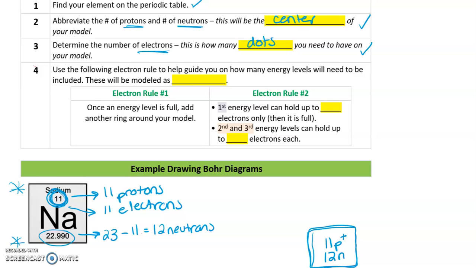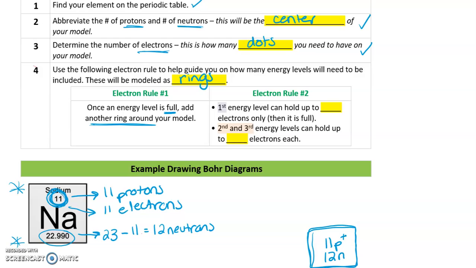It says to use the following rule to help guide you on how many energy levels will be needed. This will be modeled as rings. So our energy levels are modeled as rings, and we're going to draw them using some of these electron rules. Electron rule number 1 says once an energy level is full, we must add another ring to our model.